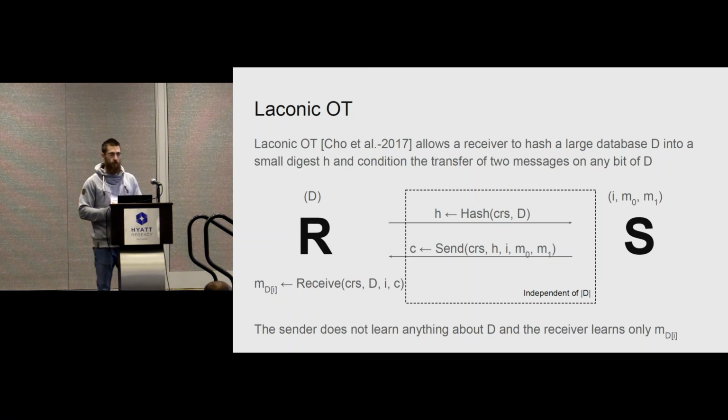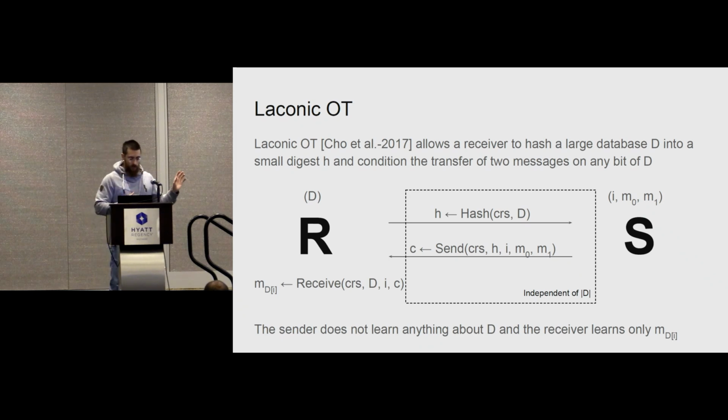If the ith position of the database was 1, he's going to recover M1. And the security is the standard one for oblivious transfer: the sender should not learn anything about the database at all, and the receiver only learns M_{D_i} and not the message corresponding to the other bit of the database.